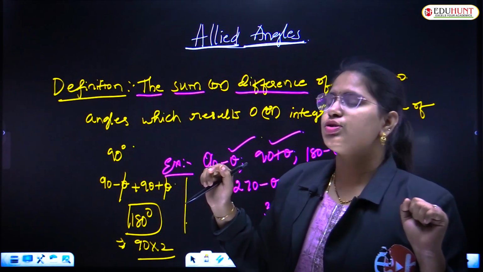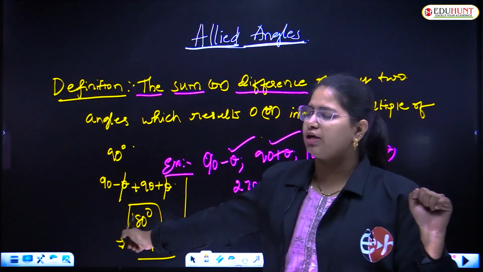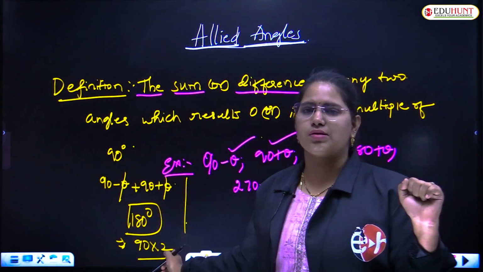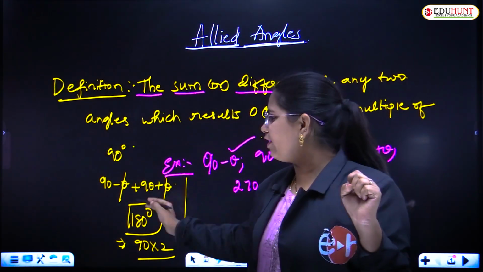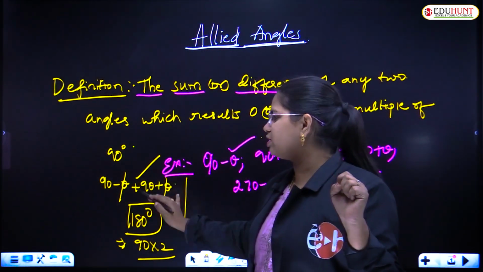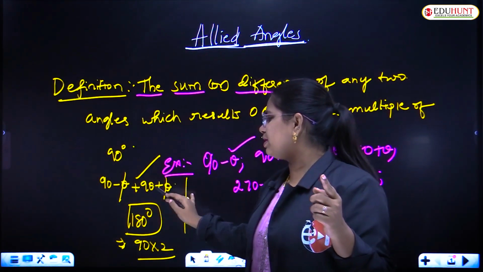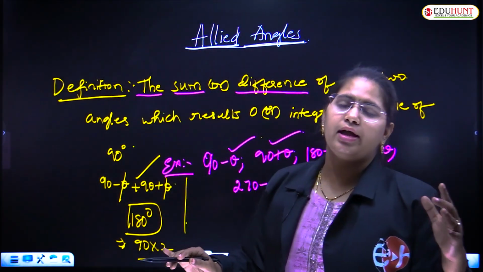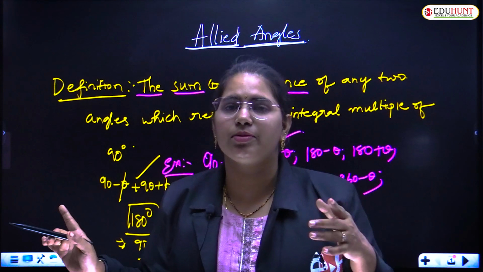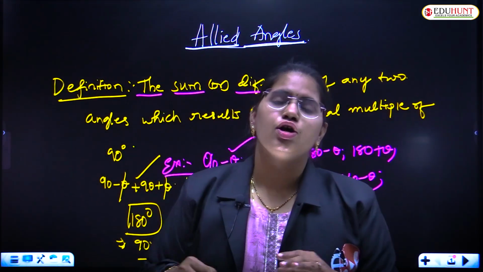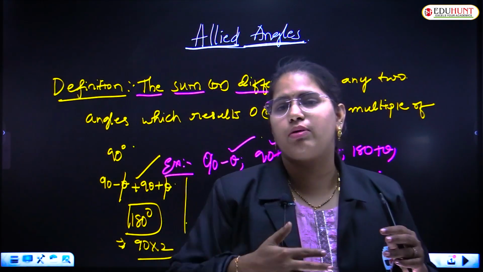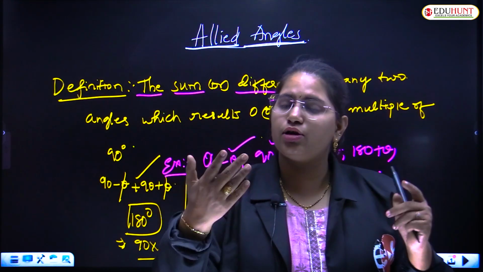Among these angles, I have considered two on my own. When I perform an addition between these two, what am I going to get? 90 plus 90, which is 180 degree. That is an integral multiple of 90. You can take any other two examples and check it out.